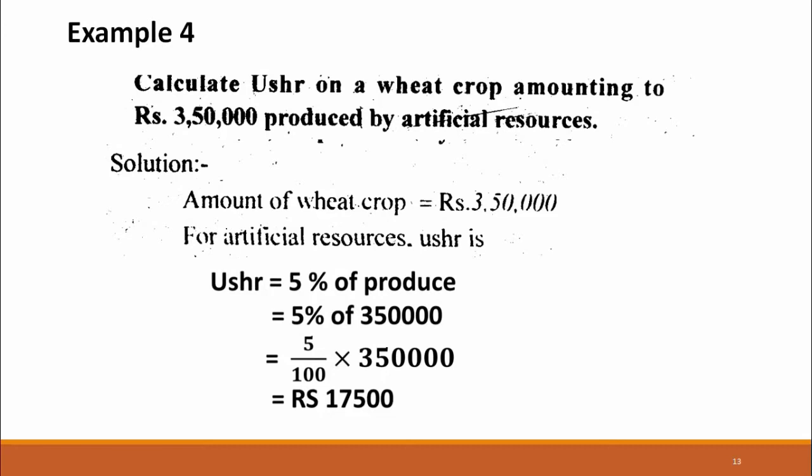Since the amount of wheat crop is 3,50,000 rupees and the land is irrigated by artificial sources, we calculate the Ushr amount according to 5%. So 5% of 3,50,000 means 5 by 100 multiplied by 3,50,000. After simplification, we obtain 17,500 rupees as the amount of Ushr at the rate of 5%, because the land is irrigated by artificial resources.